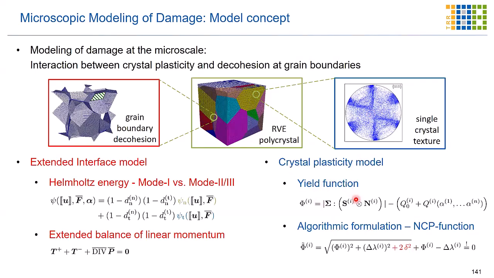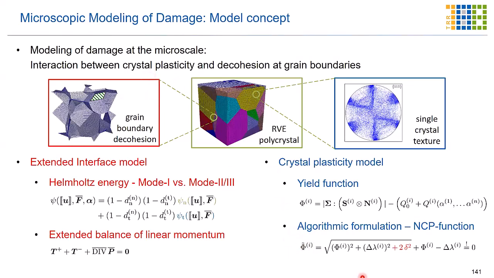They are computed in the different directions with the crystal plasticity model, so the yield function in multiple possible directions. And this is typically not a well-defined problem. So you can have an algorithmic formulation to find these slip planes for different yield functions.